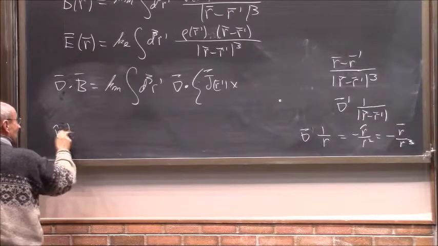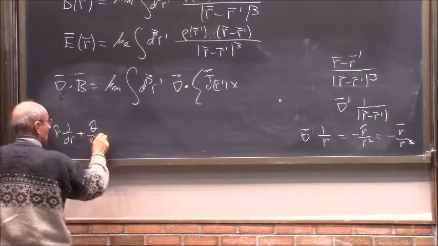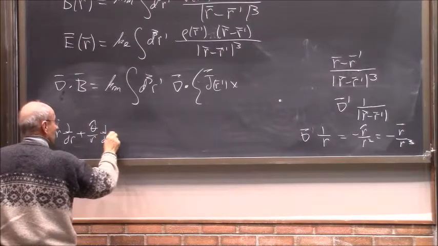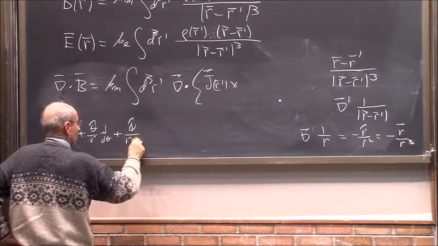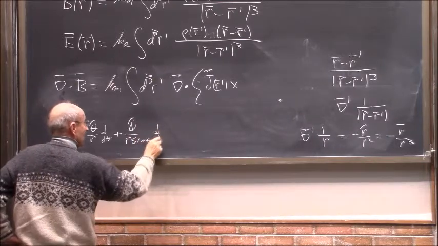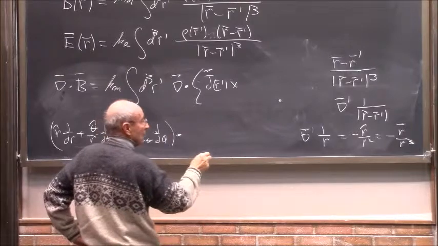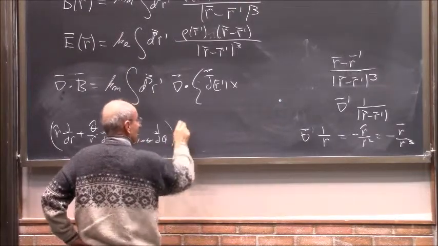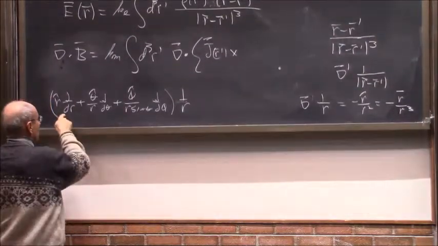It'd be R hat d by dr plus theta hat over R d by d theta plus phi hat over R sine theta d by d phi, applied to 1 over R. Okay, now what happens?